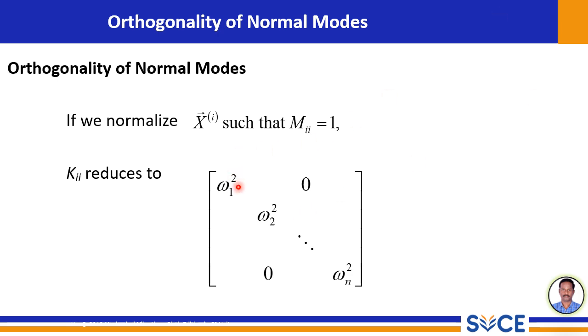The diagonal elements of the matrix are the squares of the natural frequencies of the system, omega 1 square, omega 2 square, and so on up to omega n square, where n is the degree of freedom of the system. This diagonalization of the generalized stiffness matrix through mass normalization is a powerful result.